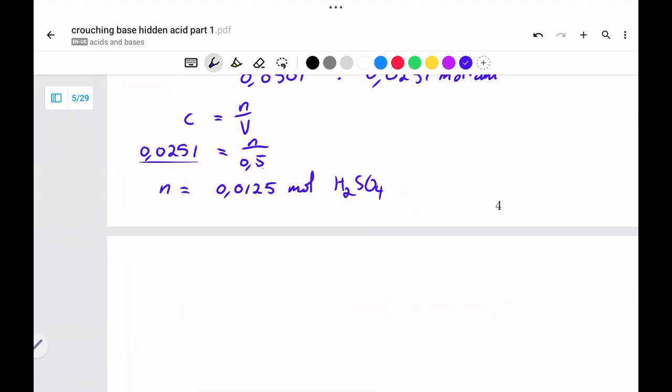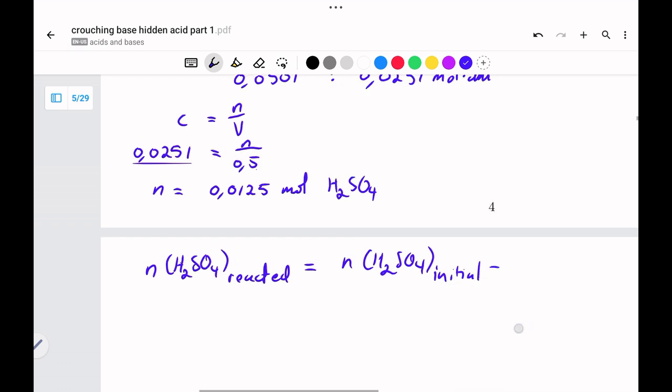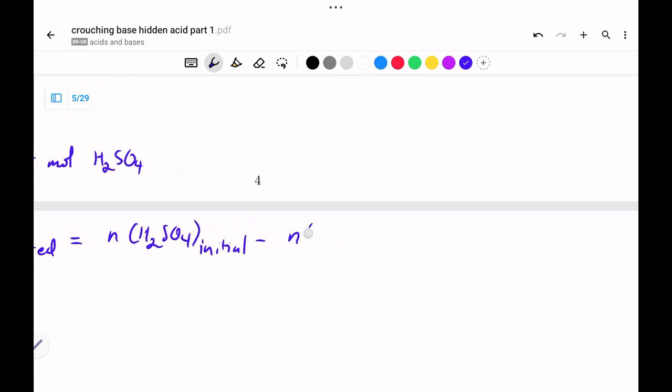Let's write that. The moles of H2SO4 that reacted is equal to the moles of H2SO4 that I had in the initial state minus the moles of H2SO4 that I have in the final state.